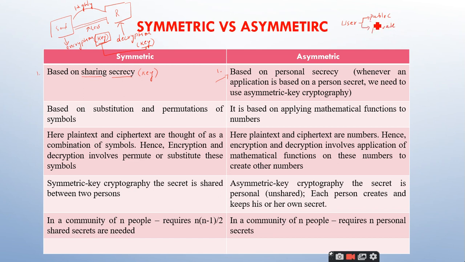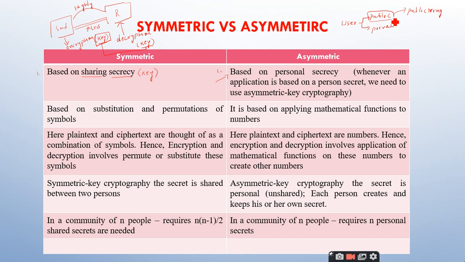The public key, as the name itself insists, is public. So once the user has created the public key and private key, the user will simply put this public key into the public. So everybody can access this public key. We can call it a public ring.